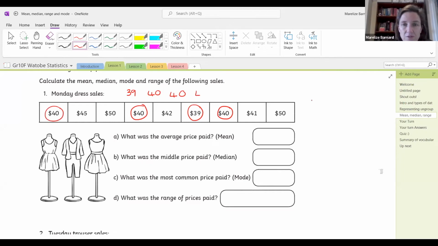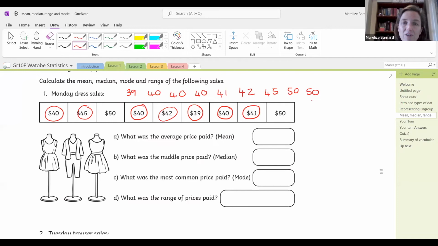Most of the time, like in tests, your teacher will have arranged the data for you, but you also need to know that the data needs to be arranged. Because it does take a while sometimes, especially if you have a whole bunch of data values. Okay, so you should have had something like this.